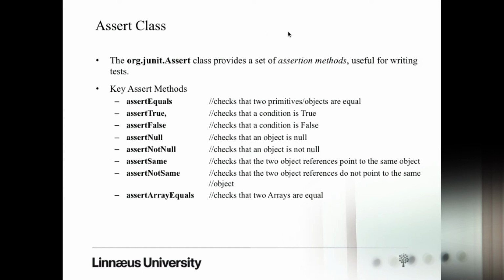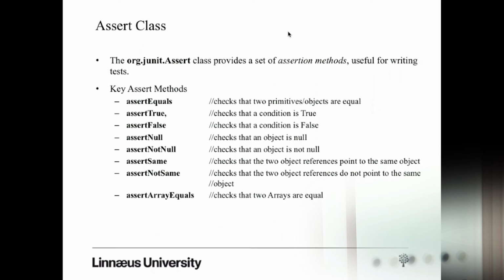We can have different kinds of assert statements within a test method. If you want to test whether the expected value is the same as the actual value that the method returns, then you can use assert equals. And assert true means sometimes you want to test for a condition, if a method returns a true value or a false value.